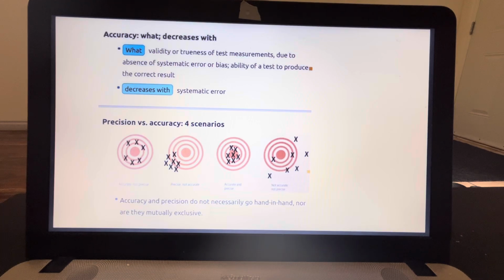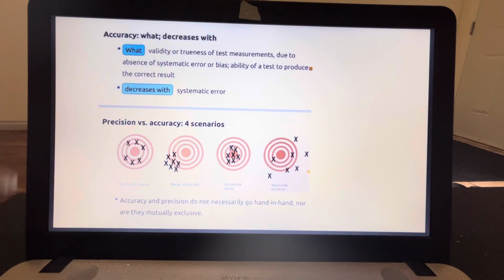So they can ask whether this is precise or accurate. To understand this concept, let's see what accuracy is. Accuracy is the validity or trueness of the test measurement due to absence of any systematic error or bias to produce a correct result. It decreases with systematic error.